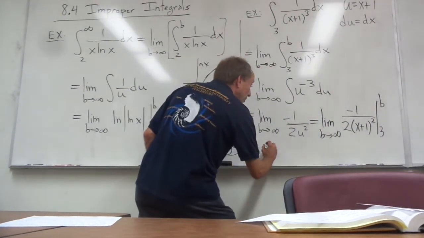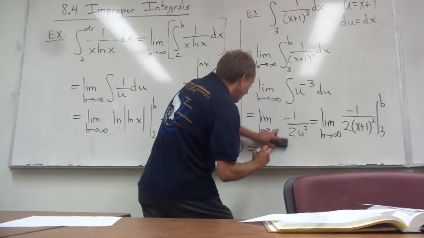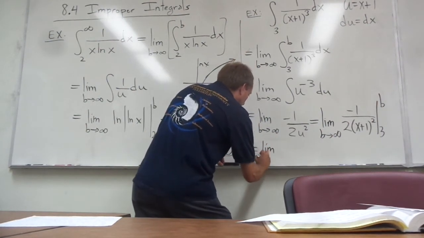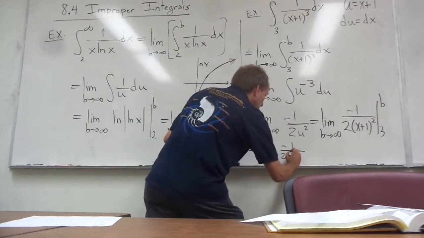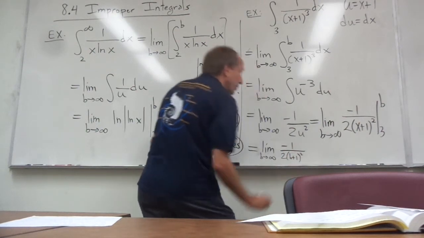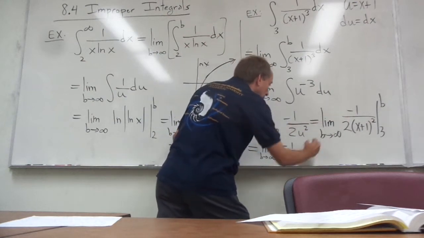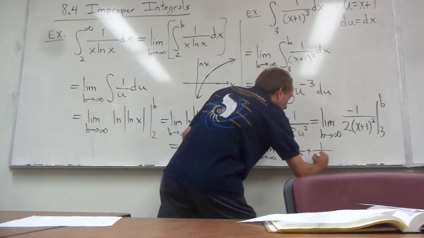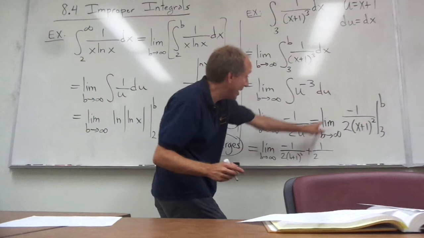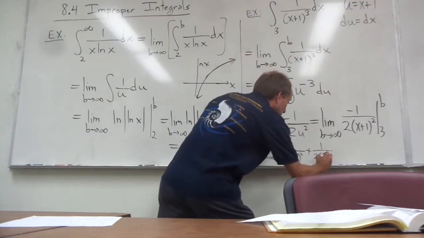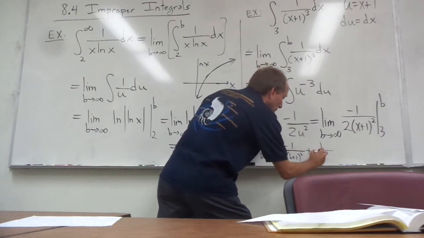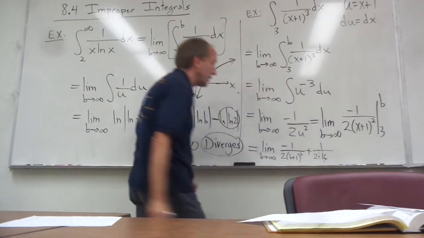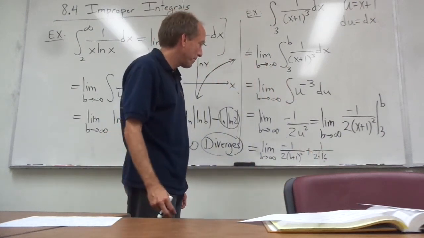When I plug in the b, I'm taking the limit as b goes to infinity of negative 1 over 2 times (b plus 1) squared, and then minus a negative 1 over 2 times (3 plus 1) squared, so it becomes a plus, right? I'm subtracting a negative here. 3 plus 1 squared is 4 squared, or 16.